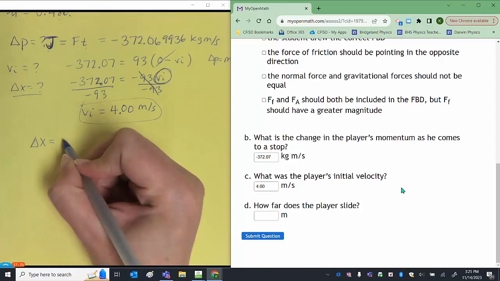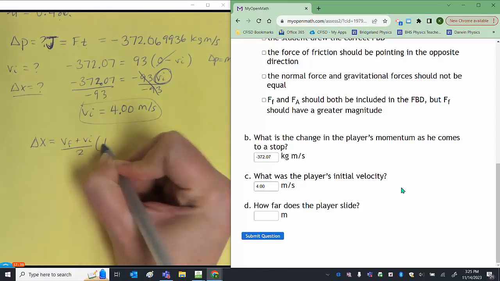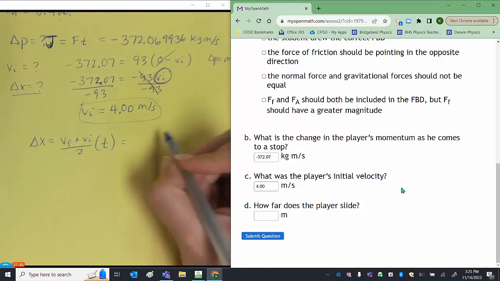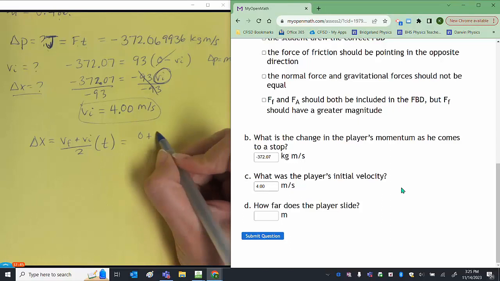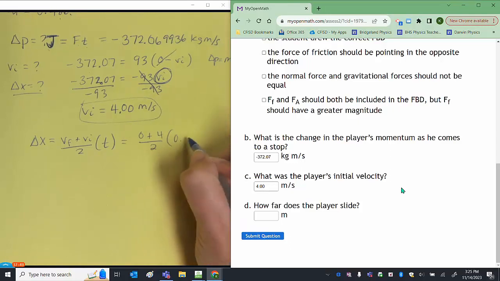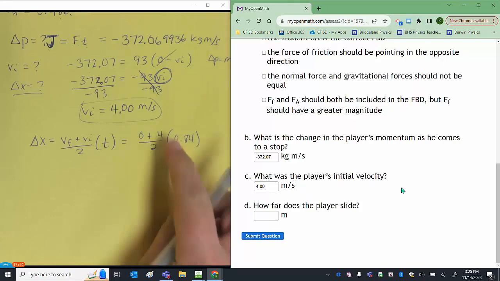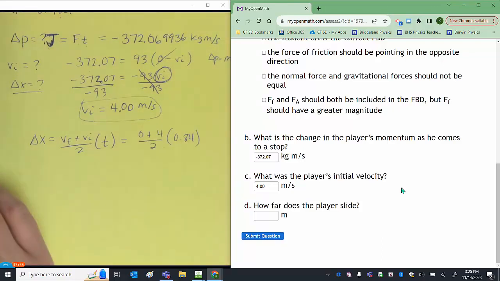Delta x equals VF plus VI divided by 2 times T. That means it's equal to 0 plus 4 divided by 2 times the time, 0.84. 4 divided by 2, of course, is 2. 2 times 0.84 is 1.68.